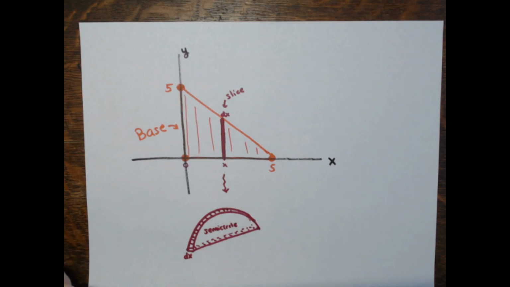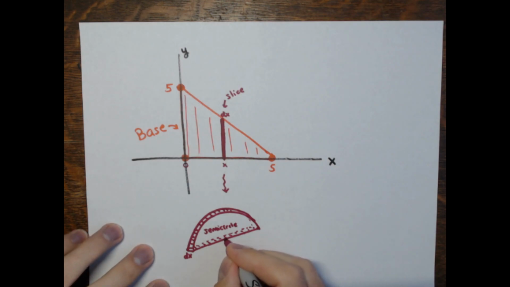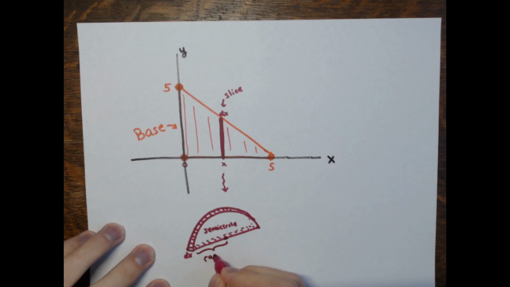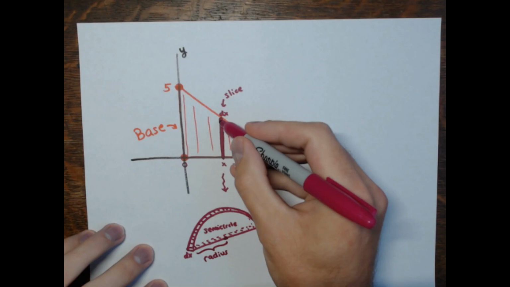And then what I want now is the area of the semicircle. Now remember, the area of a circle, a full circle, is pi times the radius squared. Okay, so this will be half that, half pi times the radius. So let's say this is the center here. This will be the radius of the semicircle, which will be half of this length here, right?